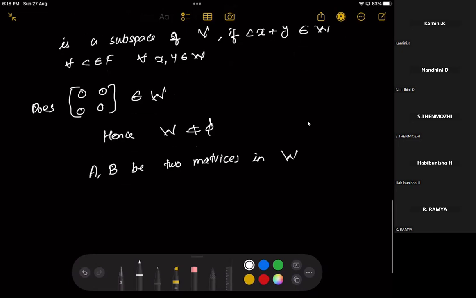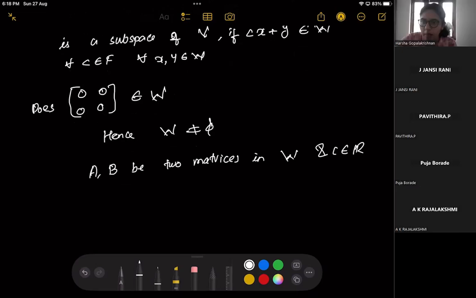Here the field is R. We have already mentioned the set of all 2 by 2 matrices over R, right? So the field is R. Now, what we want to prove is that CA plus B belongs to W.